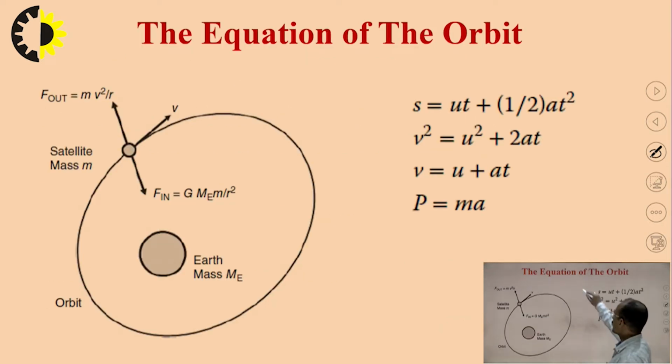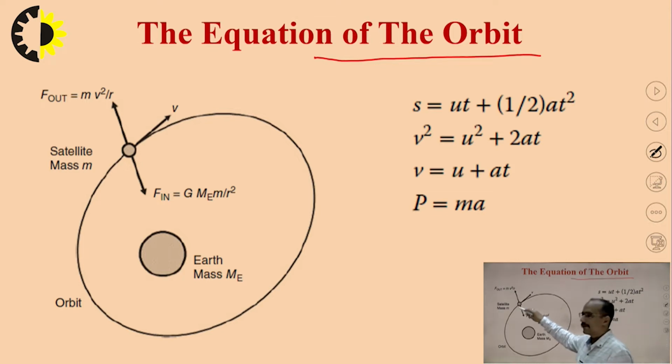Then we come to the equation of the orbit. For the equation of the orbit, we take the condition of balance between two forces acting on a satellite when it is in orbit, the centripetal and centrifugal forces, F out and F in.